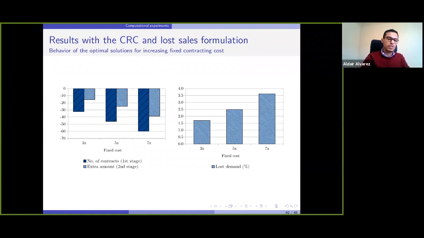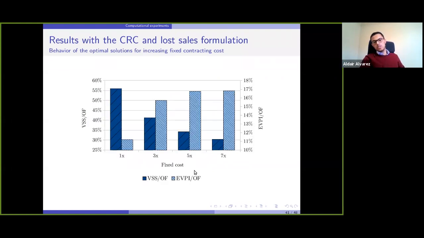So what happens, for example, if we fix the uncertainty level, but then increase the fixed contracting cost in the first stage? If we increase it 3, 5, or 7 times a base value, we see that the number of contracts, of course, if it's more expensive, you tend to contract less and you will acquire less extra amount, and that will result in more lost sales in every case.